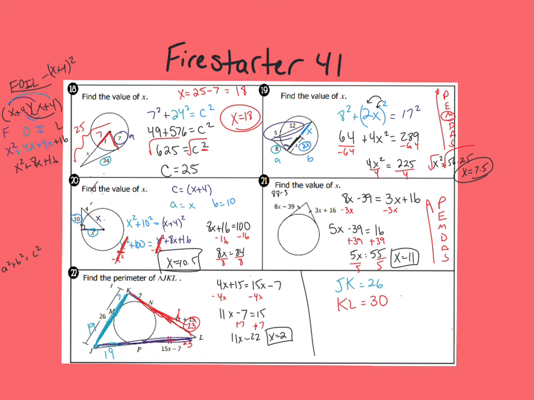And 19 and 23 is going to give me JL, which is going to be 42. I add them all up, so the perimeter is going to be equal to 98. And that's it. That finishes this.